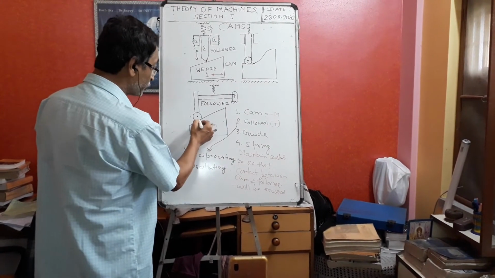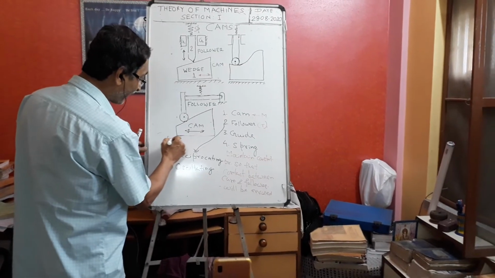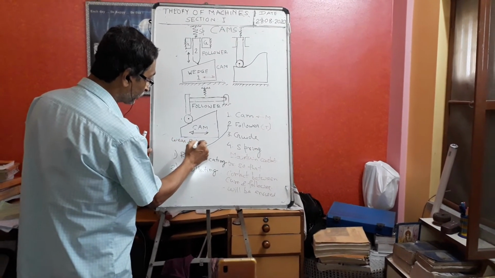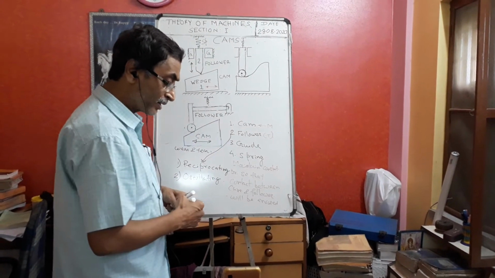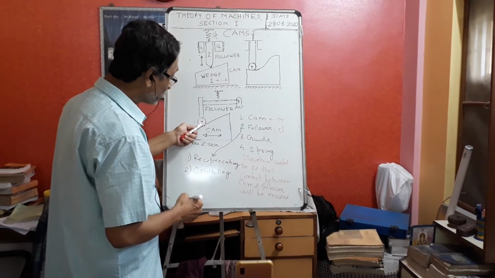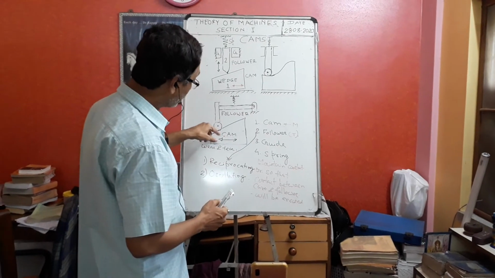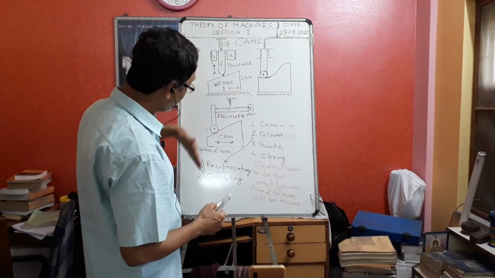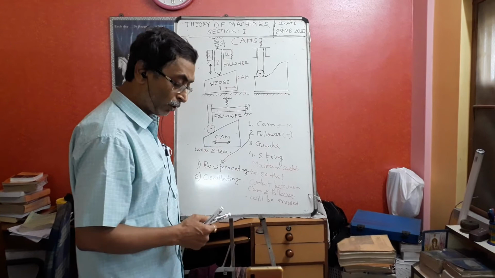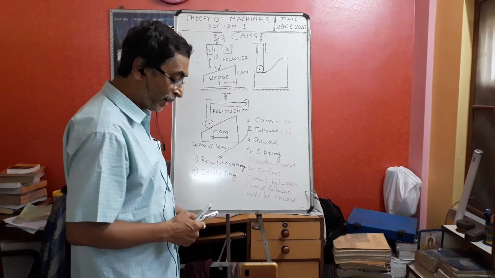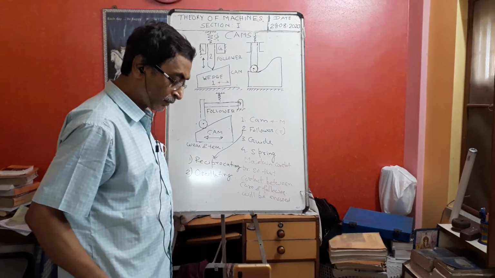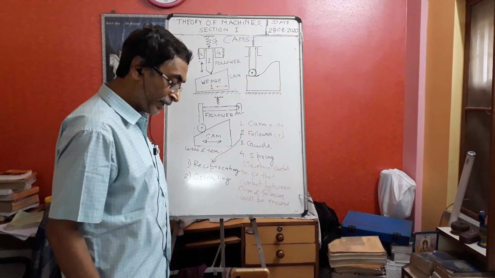And after some time you will see wear and tear of these systems, because it is operating so many times. After that there is wear. This is going up and down. If it does so a lot of times, there will be damage to the follower as well as the cam. Why? Due to the friction. Friction will definitely be there.